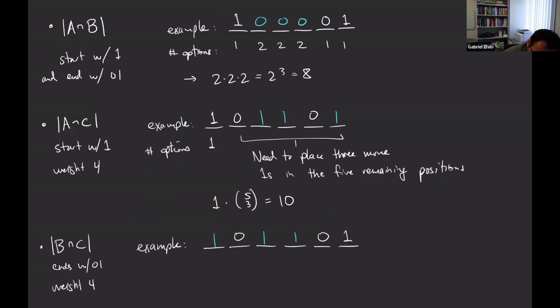And so I can say I had one option here, one option here. But then for this one, right, it's that binomial coefficient again, right? I need to place 3 ones in 4 slots. 3 ones in 4 positions.